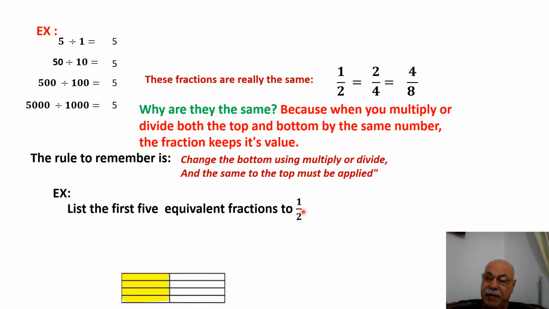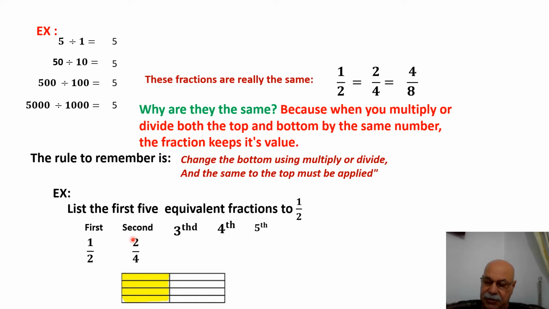We need 5 fractions here, equivalent to 1 over 2, which is a half. We start: this is the first, the second, this third, this fourth, and this fifth. The first fraction is 1 over 2.